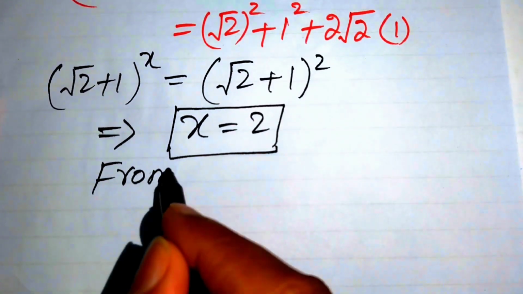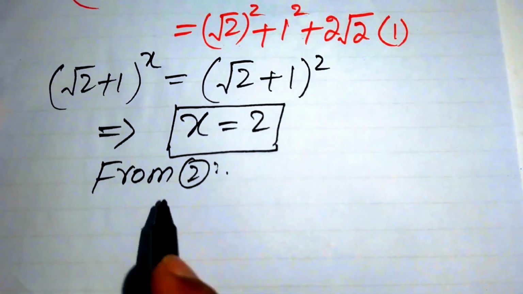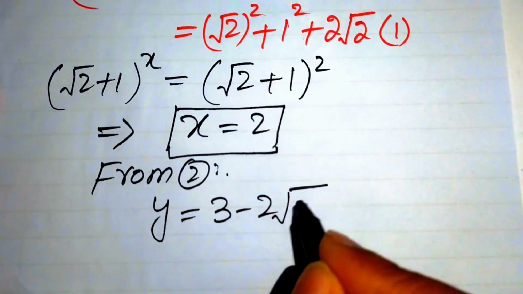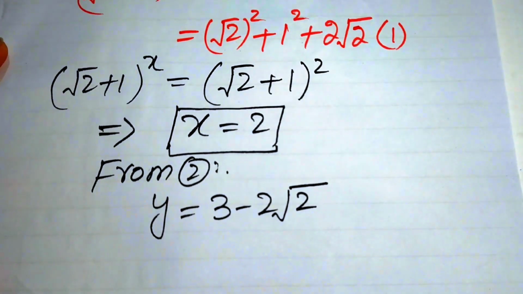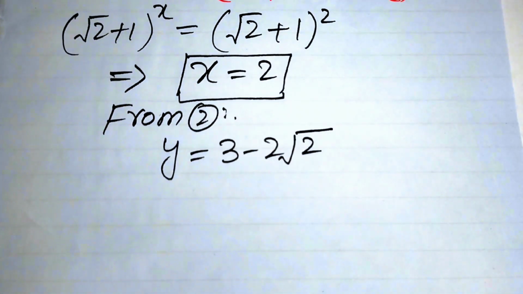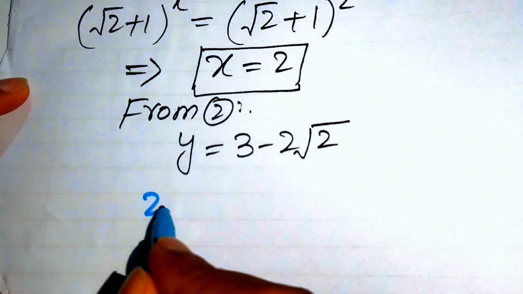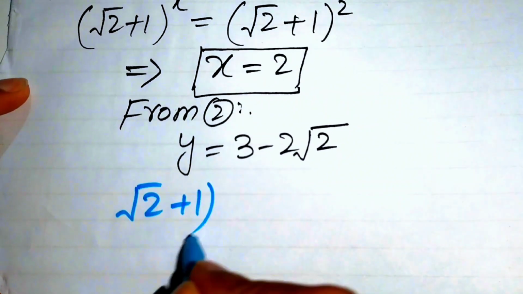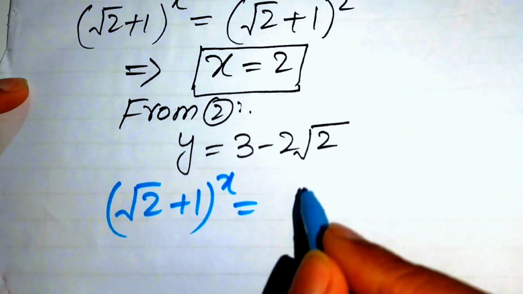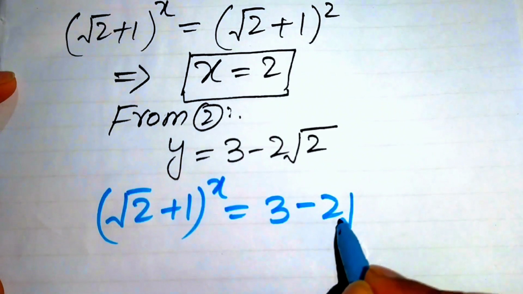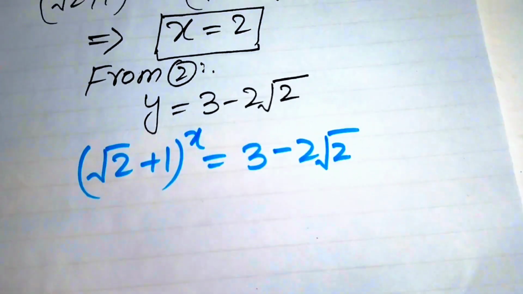So from 2, the equation is y equals 3 - 2√2. And here we again back substitute the value of y. So the value of y is (√2 + 1)^x equals 3 - 2√2.